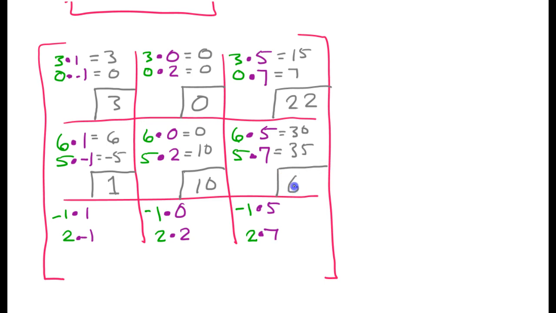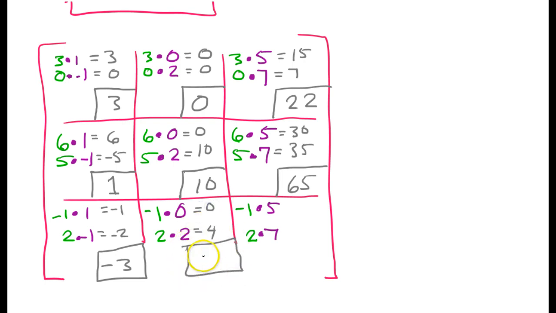Add them up, that is 65. -1, -2. Add them up, -3. 0 and 4. Add them up, that's 4. -5 and 14. Add them up, and you get 9.